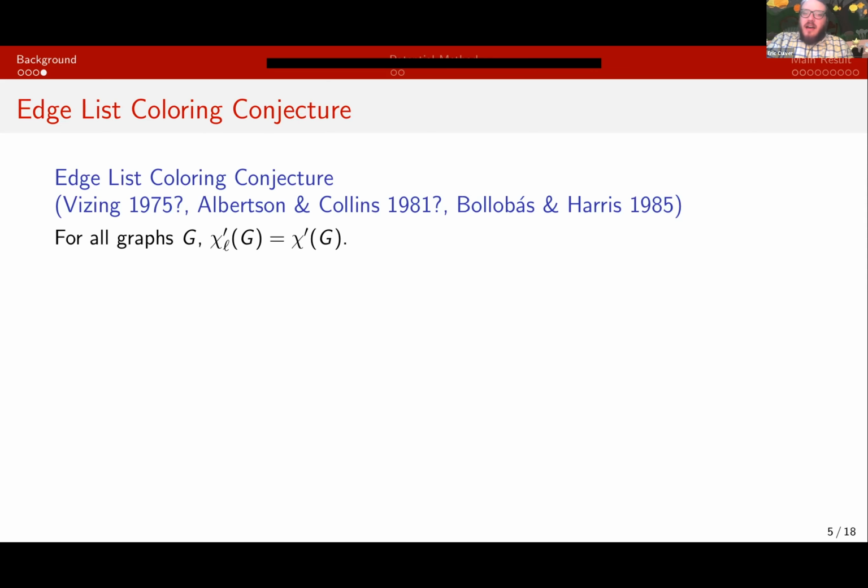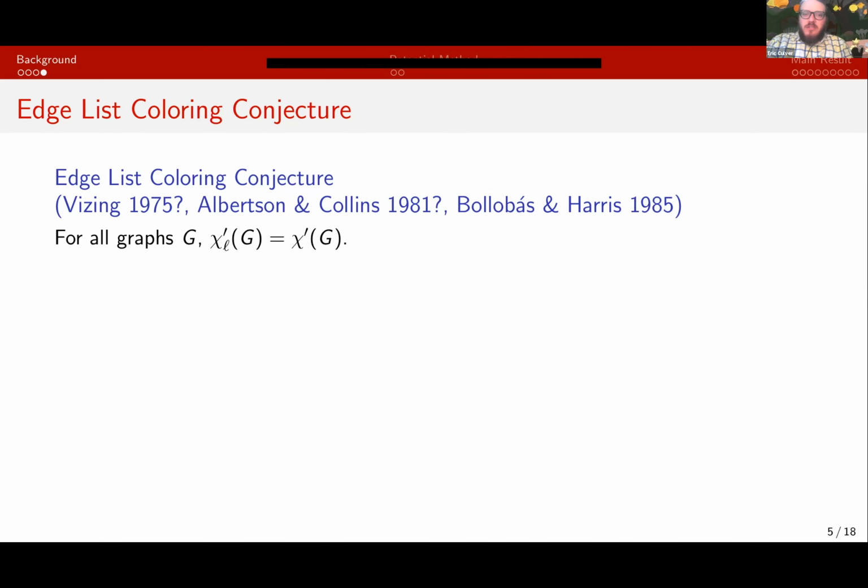And this is surprising because for vertex coloring, these two quantities can be arbitrarily different. The gap between them can be massive. But for edge coloring, these seem to be the same all the time. At least no one has found a counterexample yet to this conjecture.